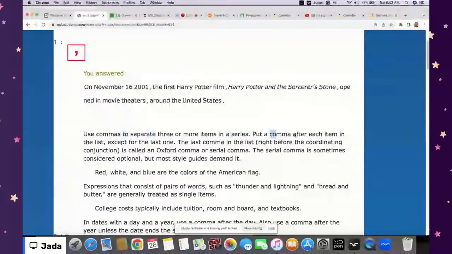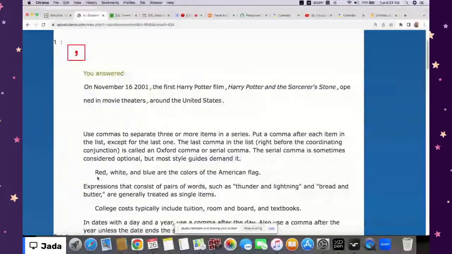Put a comma after each item in the list except for the last one. So you put a comma after each item except for the last, and then the last comma in the list right before the coordinating conjunction is called an Oxford comma or serial comma. The serial comma is sometimes considered optional, but most style guides demand it.